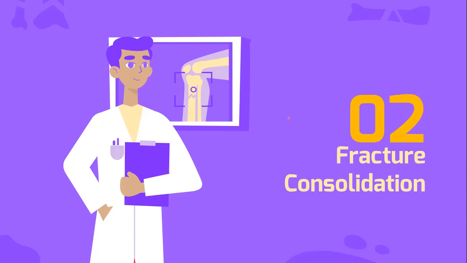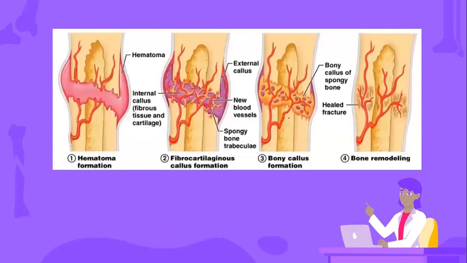Consolidation could be primary or secondary. The second one is the most commonly observed, and it is going to be described right after. There are actually, based on the literature that you might be reading, basically 3 stages of fracture consolidation.